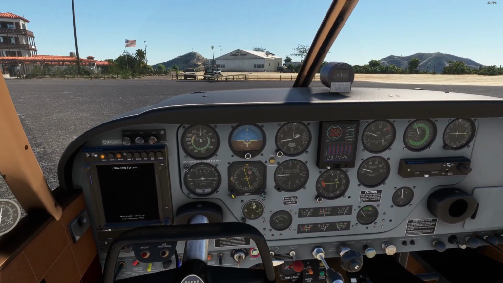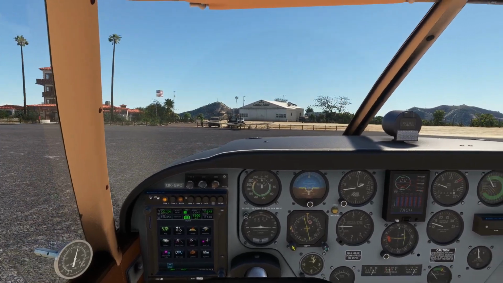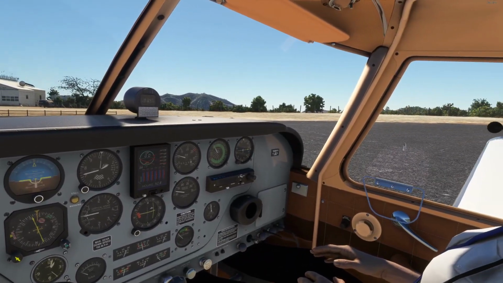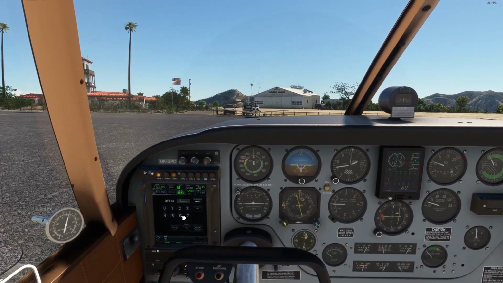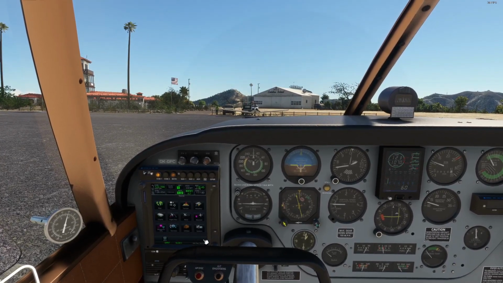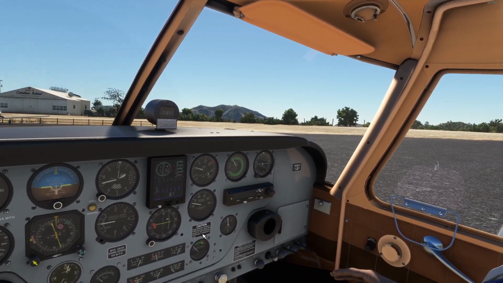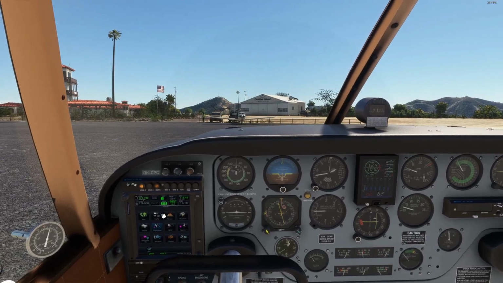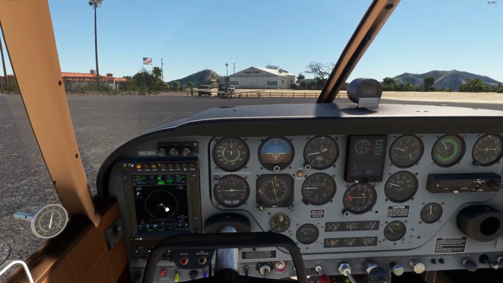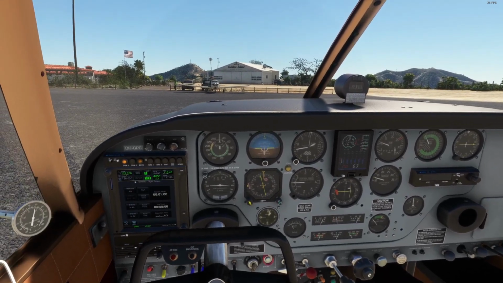I can lean that. I will enter my code for 651. And let's start by setting up the radios.